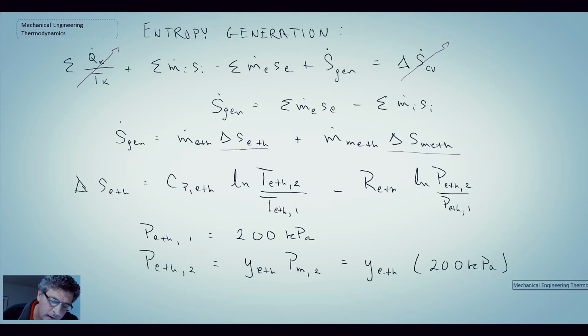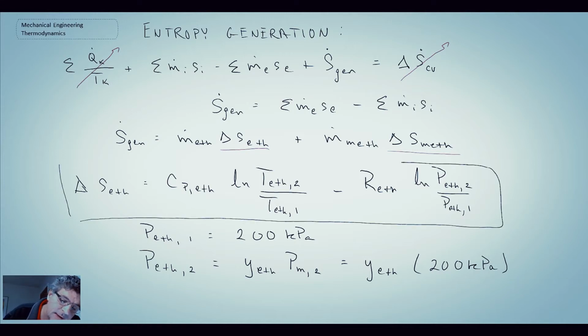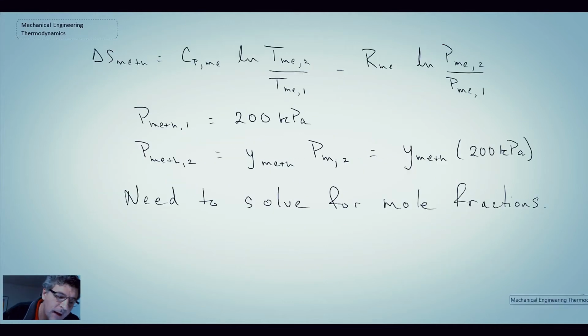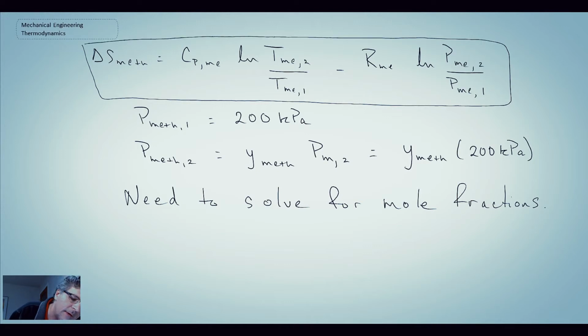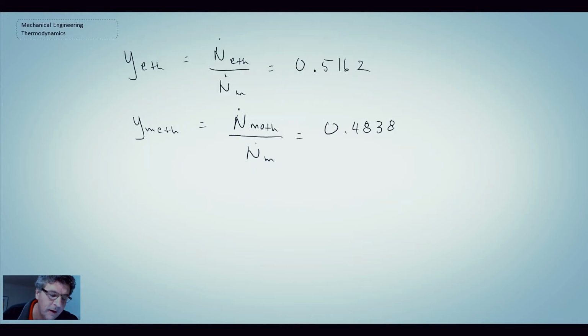Where was it? It was right in here where we had the expressions for evaluating the change, and that was change in entropy for ethane, and similarly the change in entropy for methane. And we said that in order to proceed from there, we needed to know the mole fractions, which we now have.